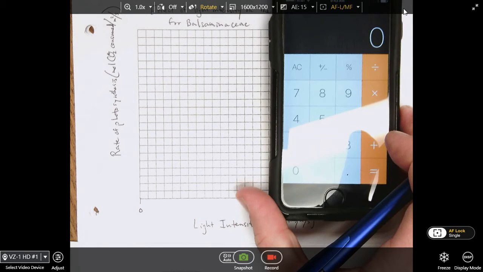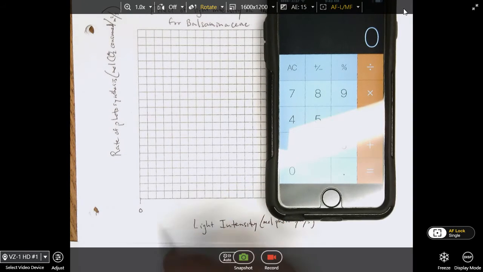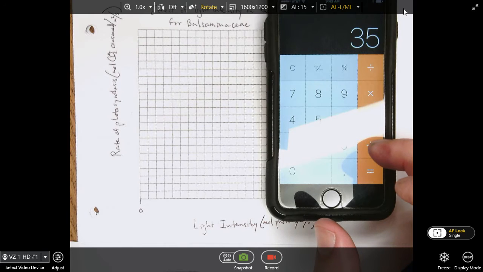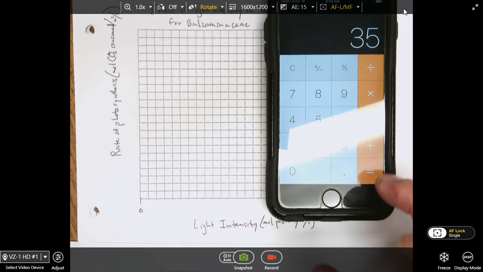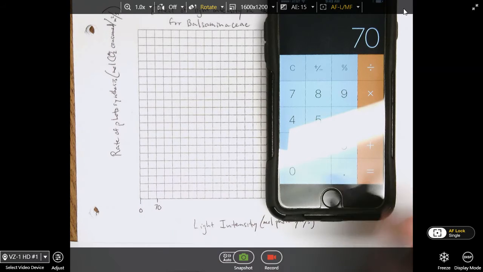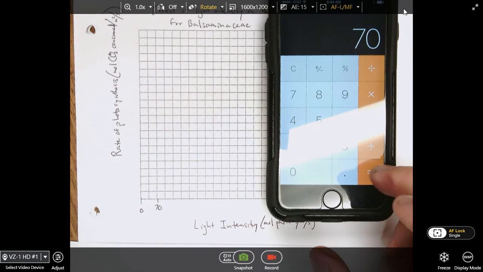Now, again, I'm not going to write every number on every line. I'm going to skip some. So if every line is 35, I would add 35, and that would be 70. So I'm going to skip every other. This first line would be 35, the second would be 70. And now watch this. If I hit equals, it just automatically adds another 35.